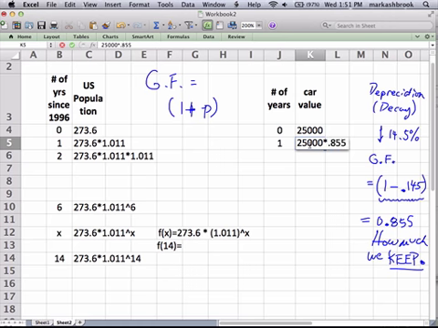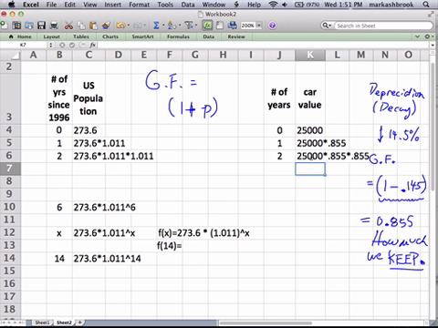That's it. Multiply by the 0.855. Same thing. And then the next year, we can take the previous year, which is the 25,000 times 0.855, and do what? Repeated multiplication of the growth factor. That's what this is about.